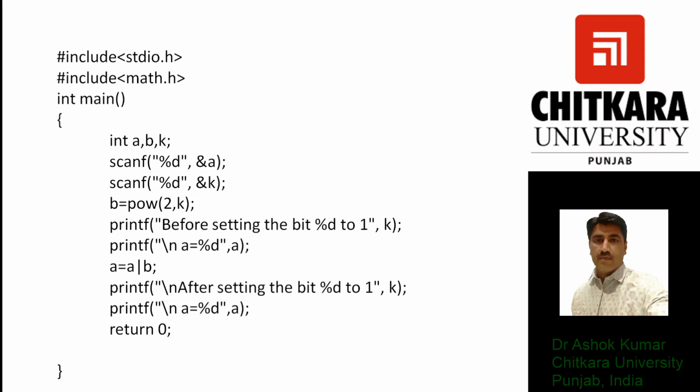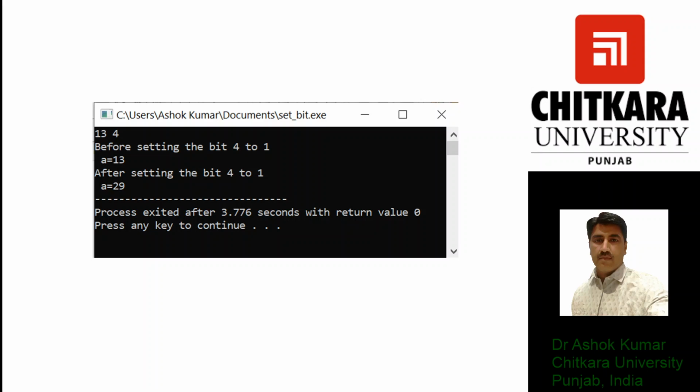As we discussed in the previous slide, ORing 13 with 16 will give you 29. So the modified value of a will be 29. The next two printf statements will print the output after setting the 4th bit to 1. The value of a is 29. I have shown the result on the next slide.